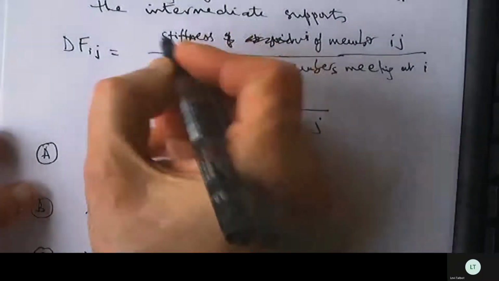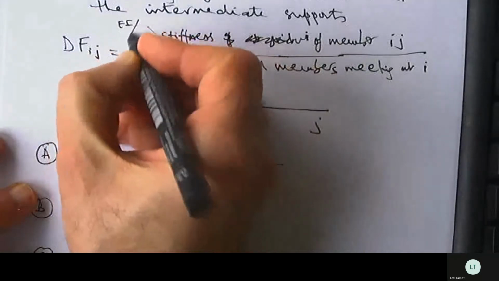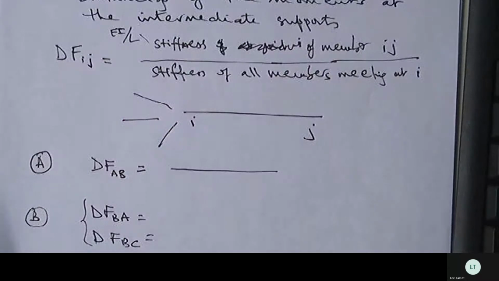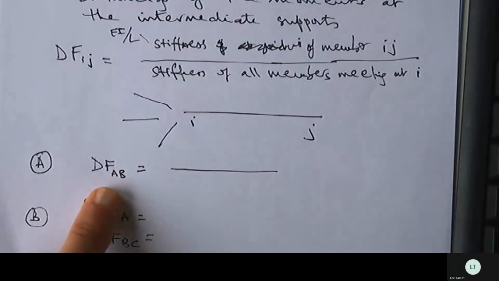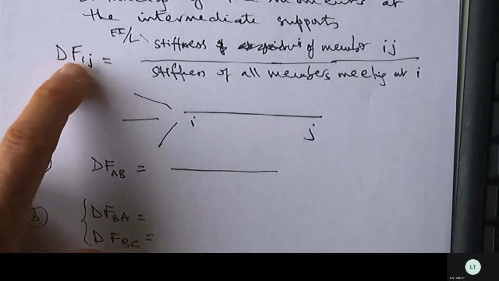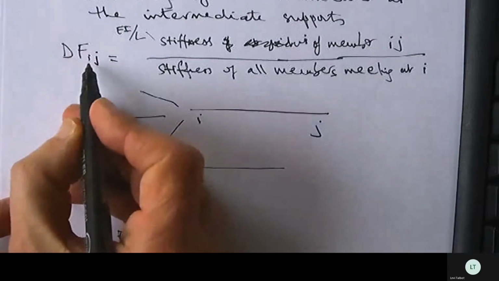Okay? Here it will be the EI divided by the length of the beam. All right? For AB, so let's use the distribution factor for AB.